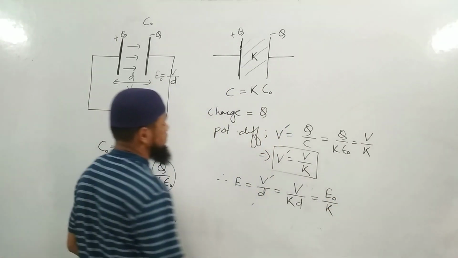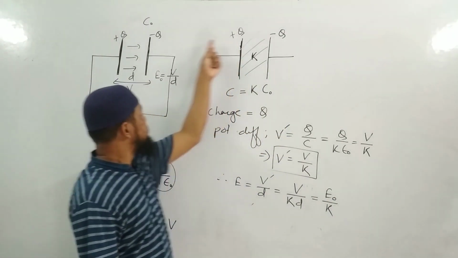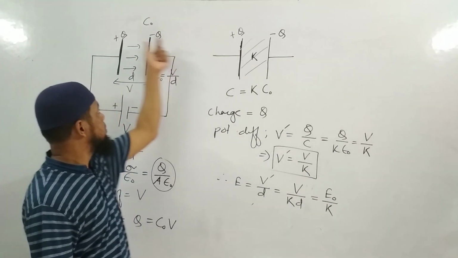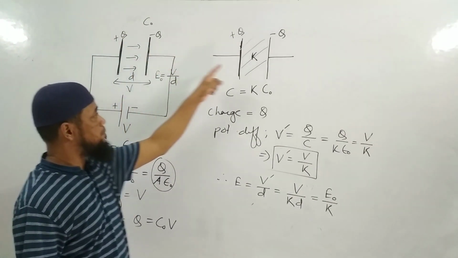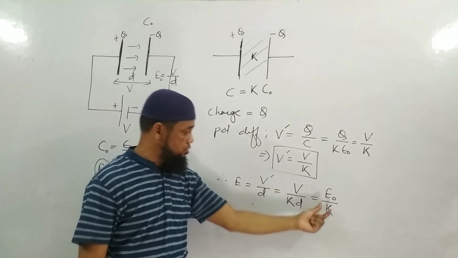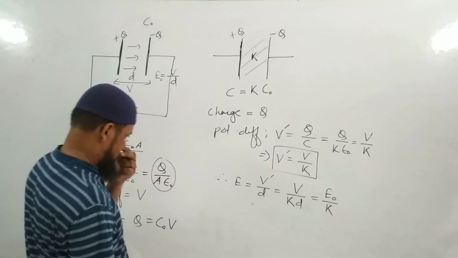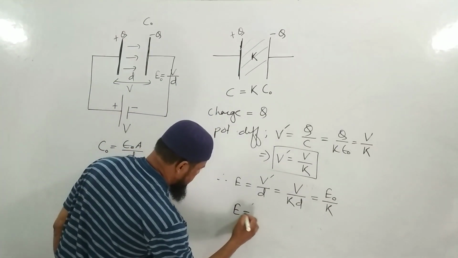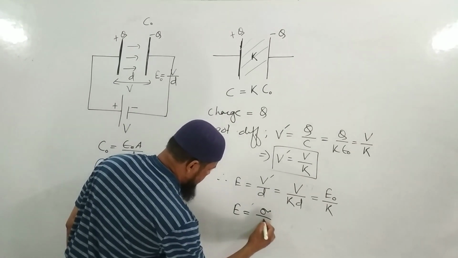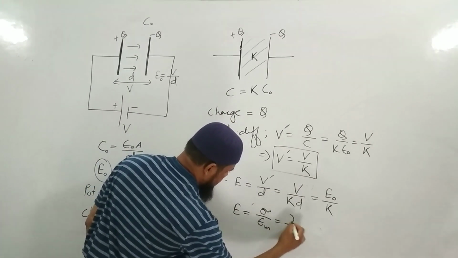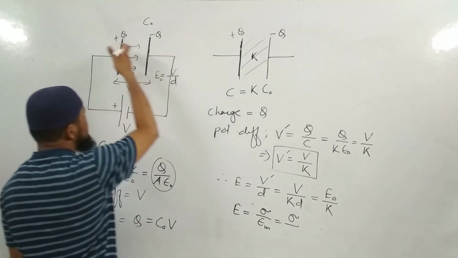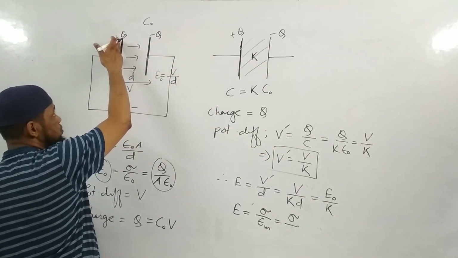So in this situation, in between the two plates, for the same charge, when the vacuum is replaced by medium, electric field in the region reduces by K times. Or you can do it like this also: E is equal to sigma by epsilon medium. Sigma will be the same as before because charge is also the same.